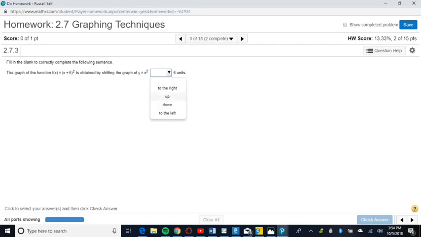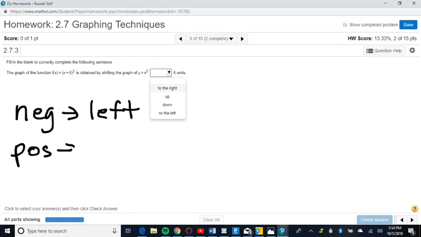That's just adding, right? So that means that when it's like this in parentheses, it's either going to shift to the left or to the right. And as you can imagine, if it's a negative, it's going to shift to the left that many units. If it's a positive, it's going to shift to the right.